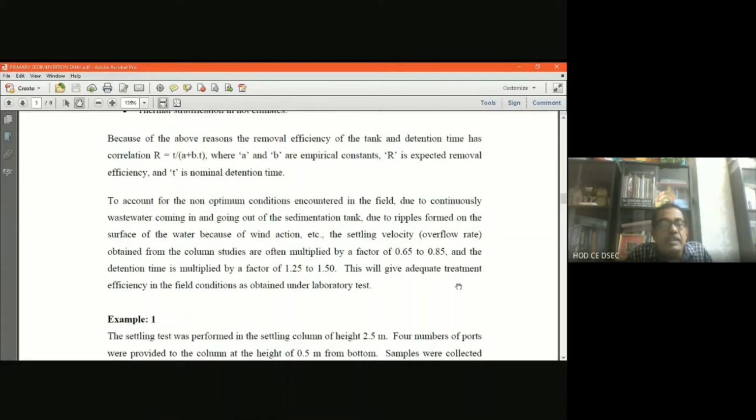This will give adequate treatment efficiency in the field, as obtained in the laboratory test. So this is the thing.